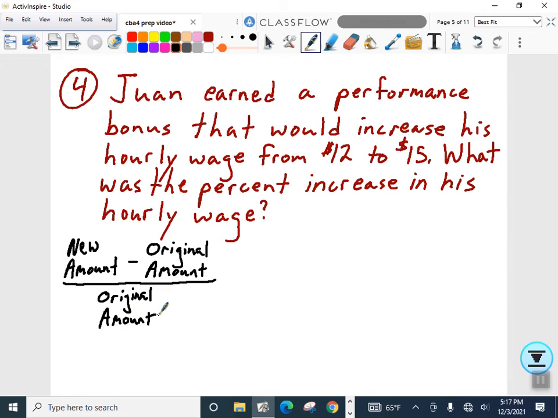And if we will remember, the original amount is what we start with. So from 12, that's the original amount. So that must mean 15 is the new amount. So here we have 15 minus 12 divided by 12, and that equals a decimal. And we're going to multiply that times 100%.